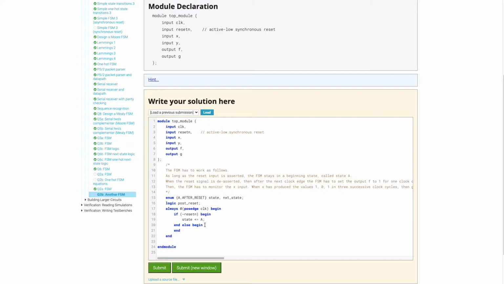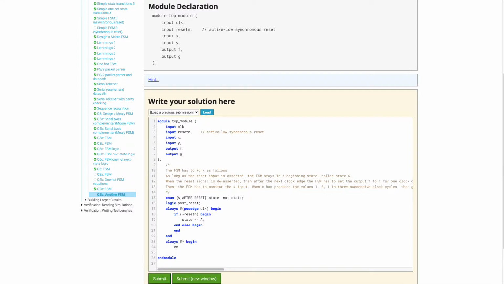I see. Why don't we do this then? Check a text message. Okay, all good. Case state and case. So I start at A, which is like at reset.